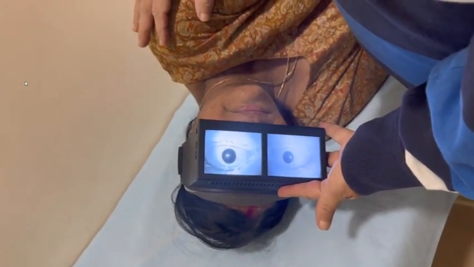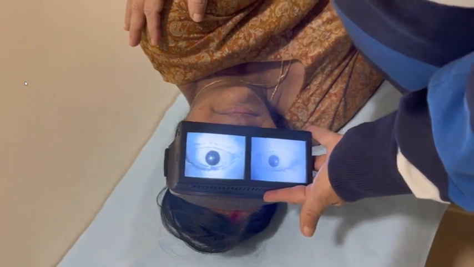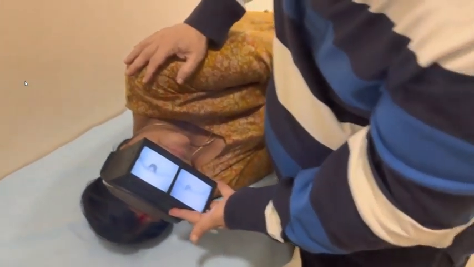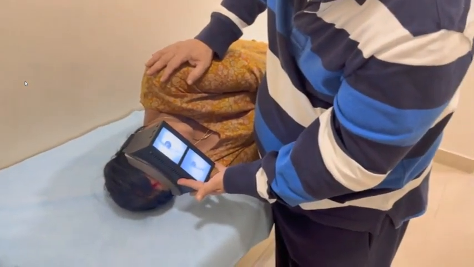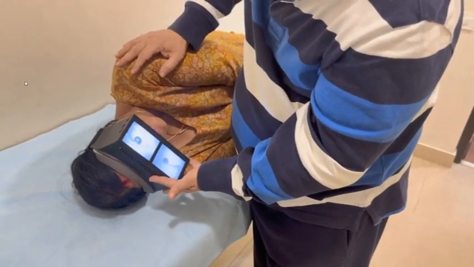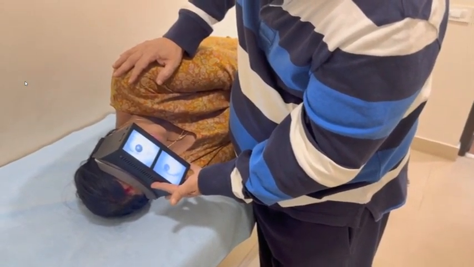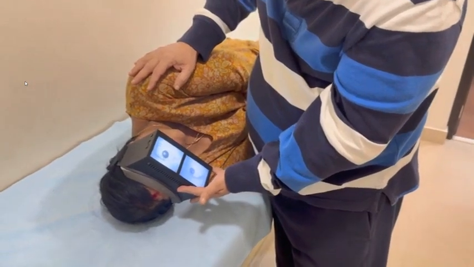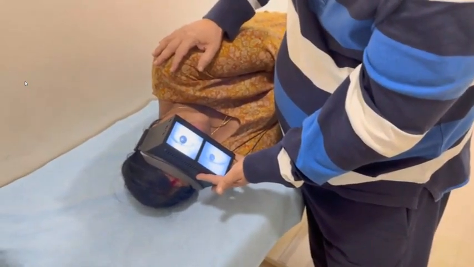In fact, the bascule maneuver was initially reported by me under the leadership of Andrea Castellucci from Italy for the posterior semicircular cupulolithiasis in August 2025.